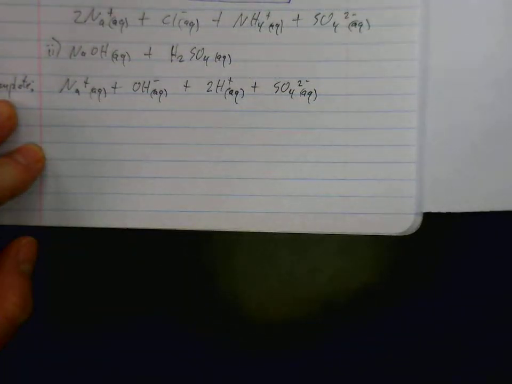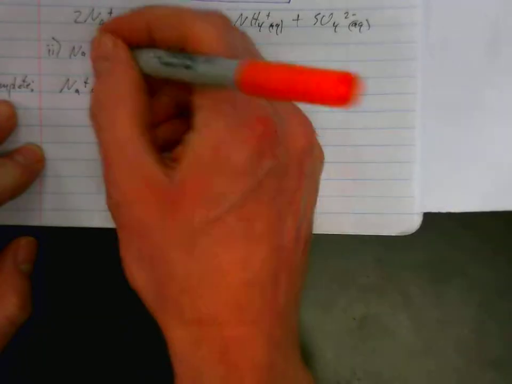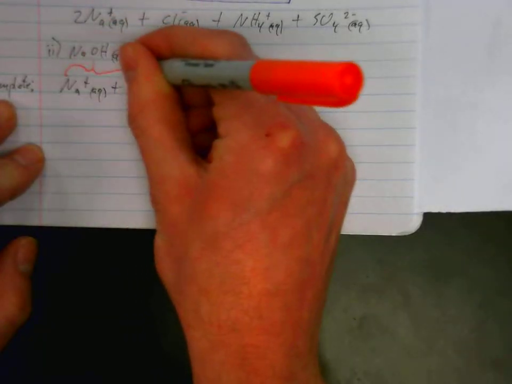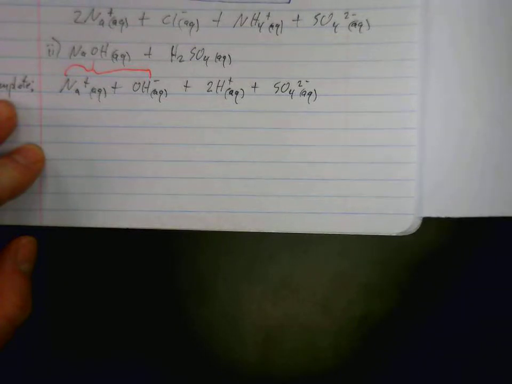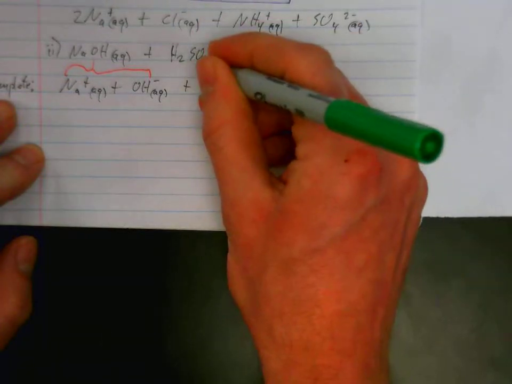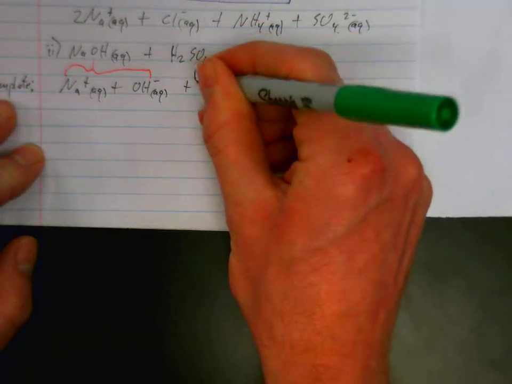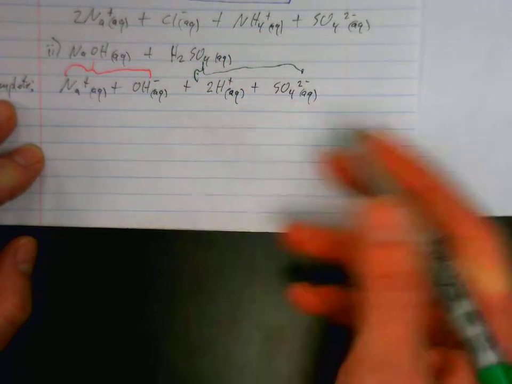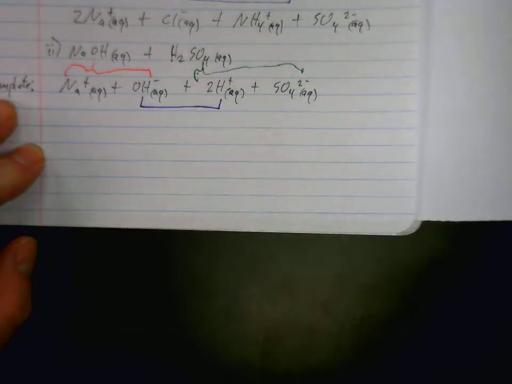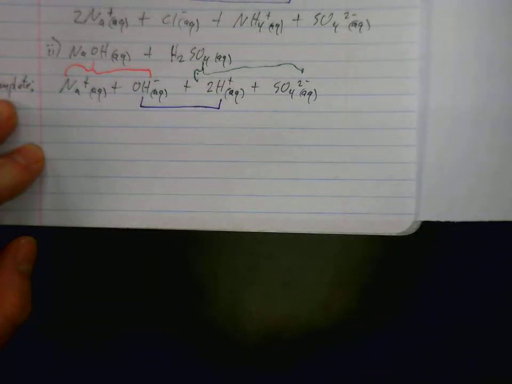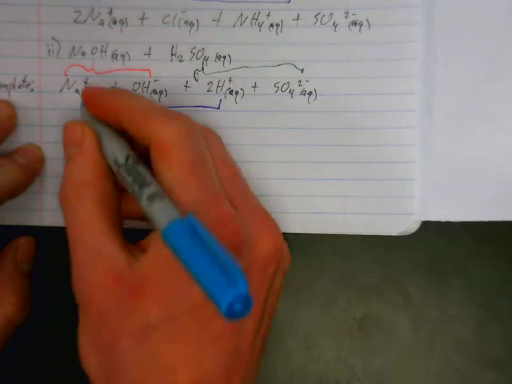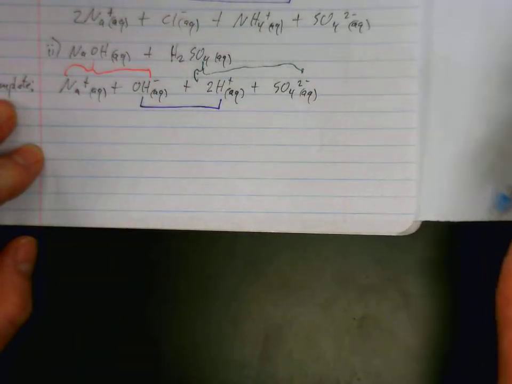Okay, so again, we're looking at the new combinations. We know that these two were together already. The sodium and the hydroxide, those are aqueous, and we know that the hydrogen and the sulfate were together already, so those two are aqueous, of course, together. But now we have new combinations, the hydroxide and the hydrogen, and the sodium and the sulfate.